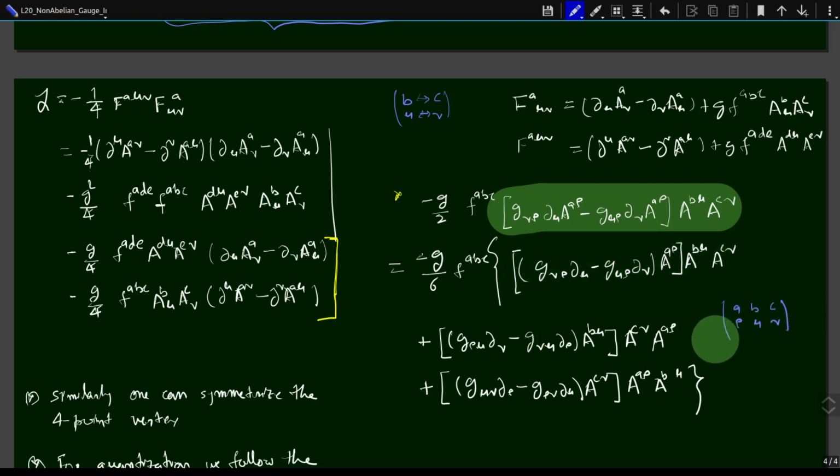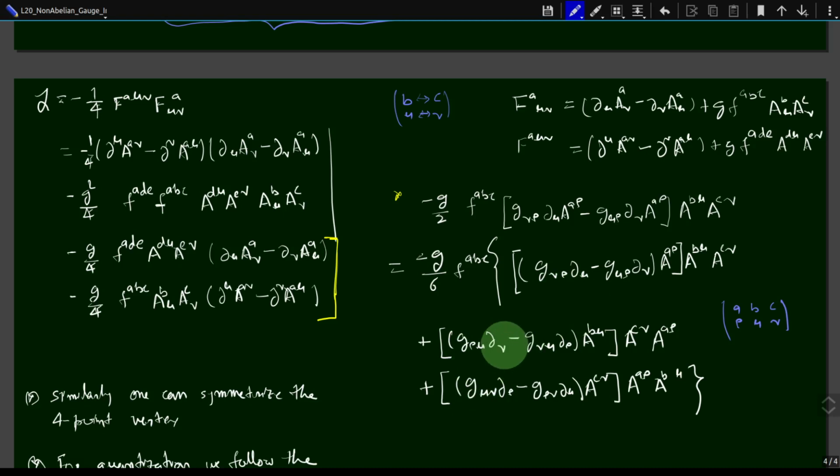Then what you'll get from the first term is a second piece, where nu is replaced by rho, rho is replaced by mu, and mu is replaced by nu. Same thing over here and everywhere. And then you again act on this term with the same permutation to get this guy.